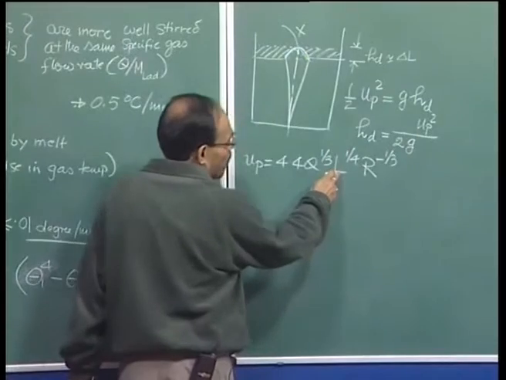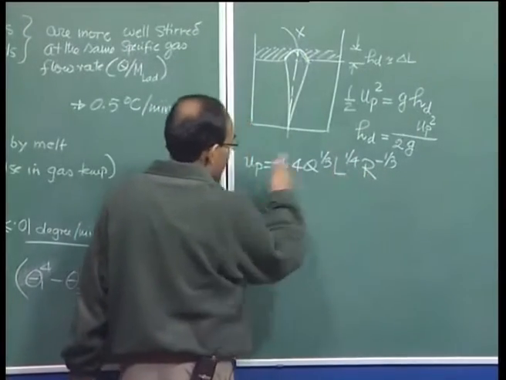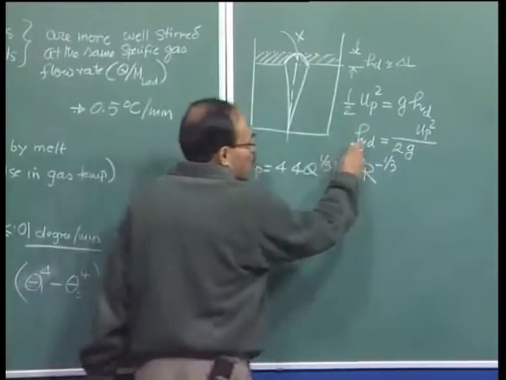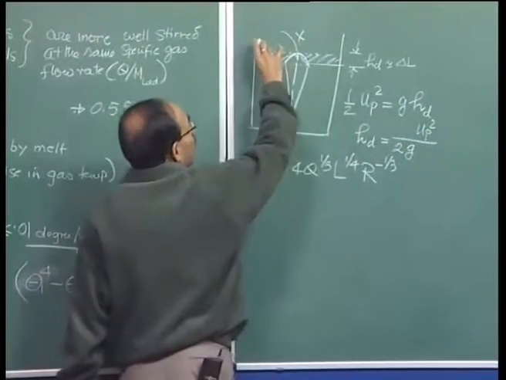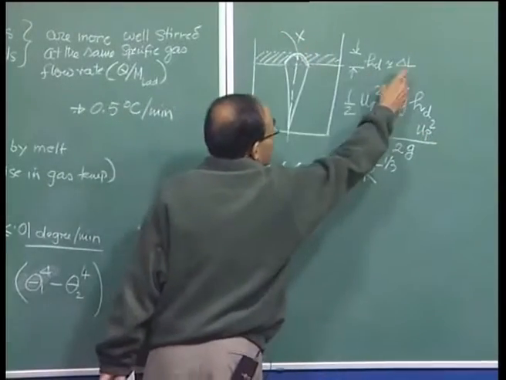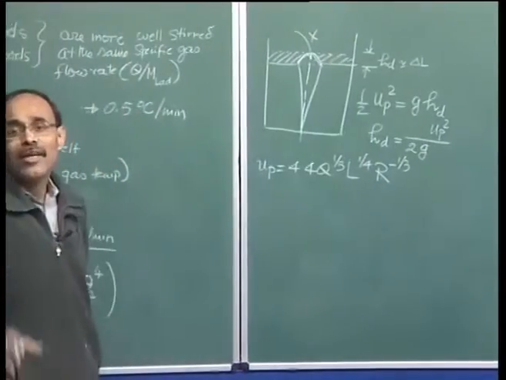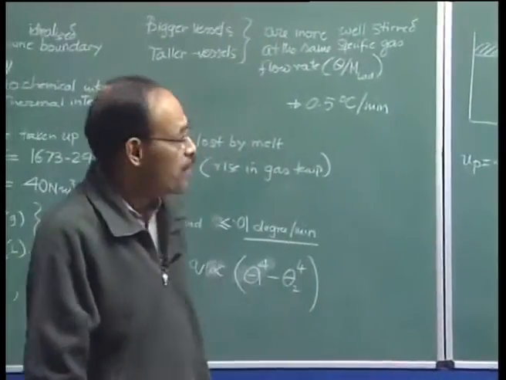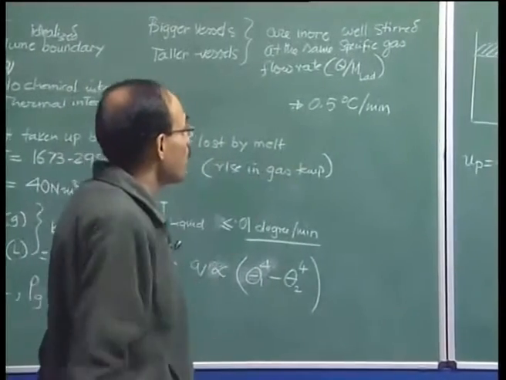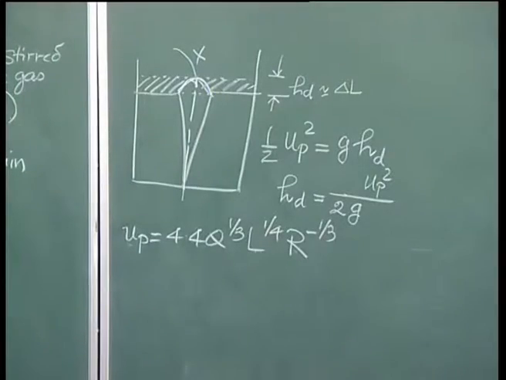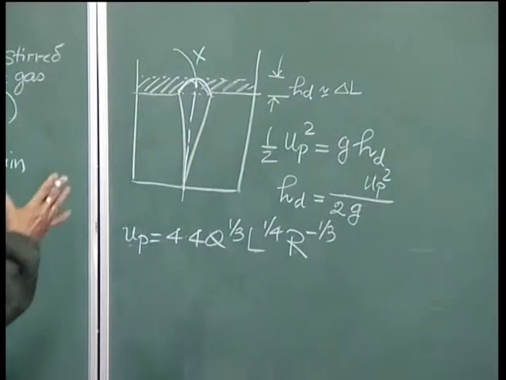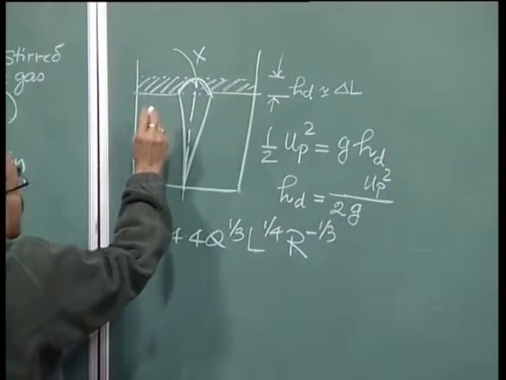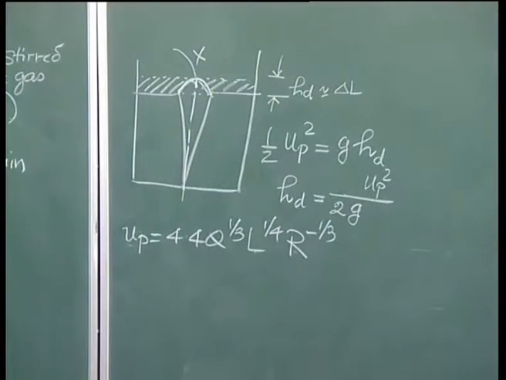We can use the depth of liquid in the system and the radius of the vessel, calculate the plume velocity in SI unit, substitute it here, and then calculate the dome height, and then set it equal to delta L, and find out what should be the thickness of the protective slag layer, which can really cover up the entire dome, thereby minimizing the chances of interaction between the melt and the upper ambient atmosphere.